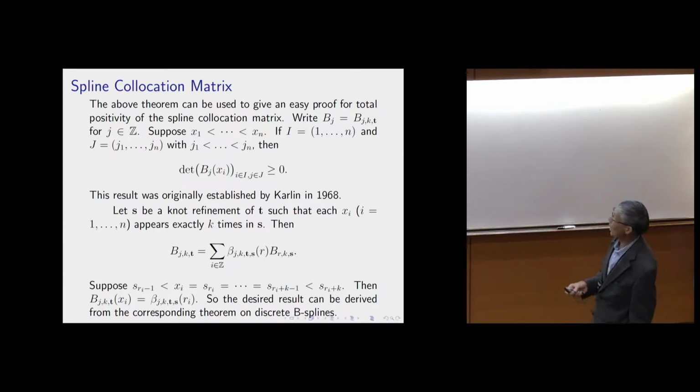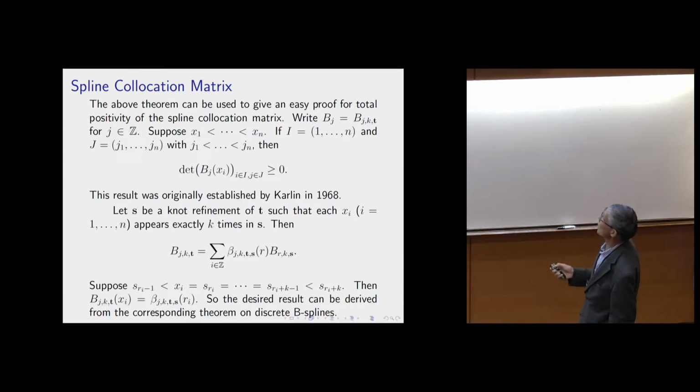So we can use discrete B-splines further, let's say, to give an easy proof of total positivity of the spline collocation matrix. The idea is that we can relate the continuous B-spline, we just insert sufficiently many, but an exact number of nodes.